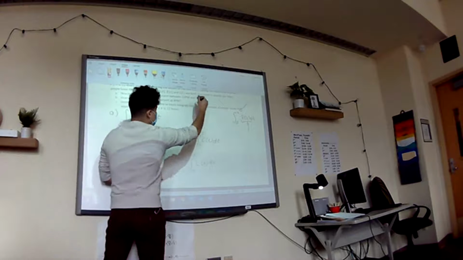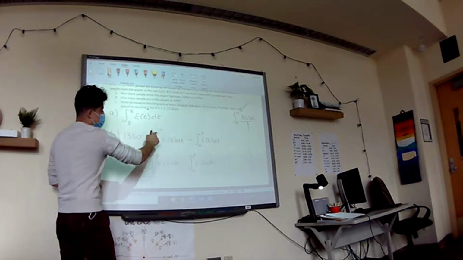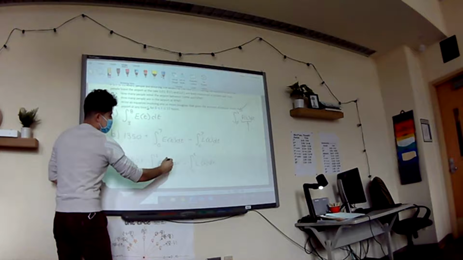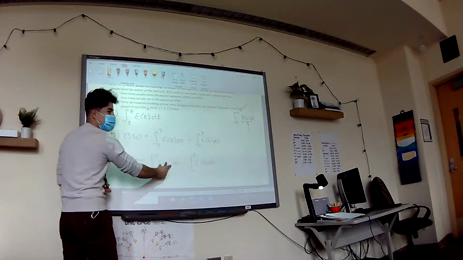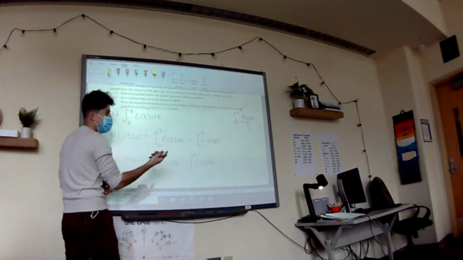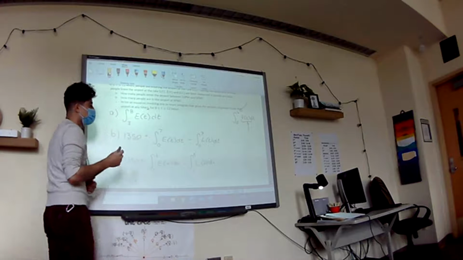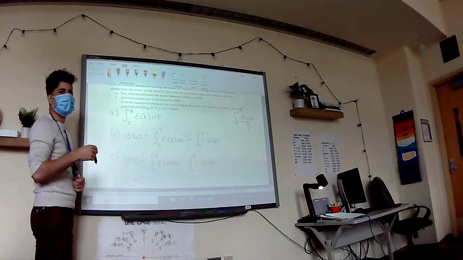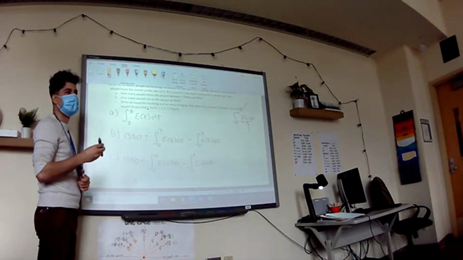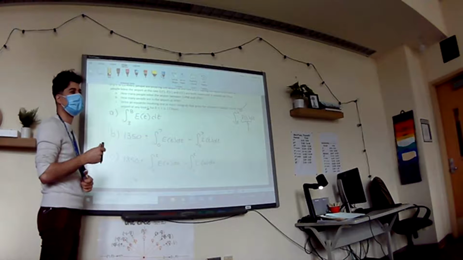Imagine we plug a 7 into this t, then this would become e of 7, which doesn't make sense, it would just be a number, but we're trying to integrate a function. Yeah, we don't have the rate after. Yeah, I guess so.